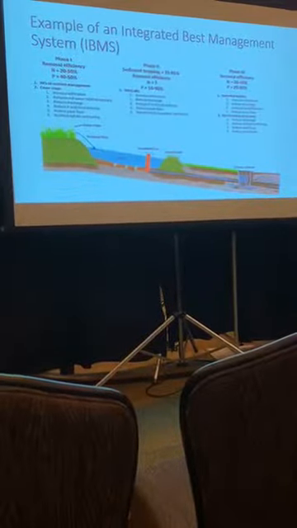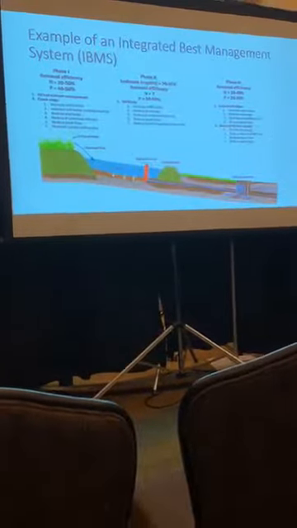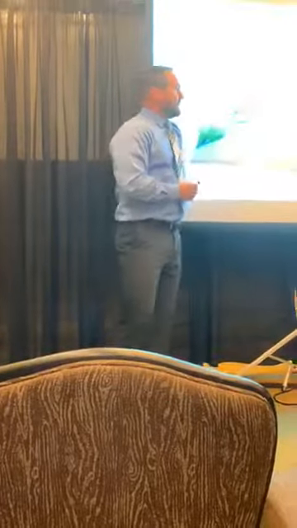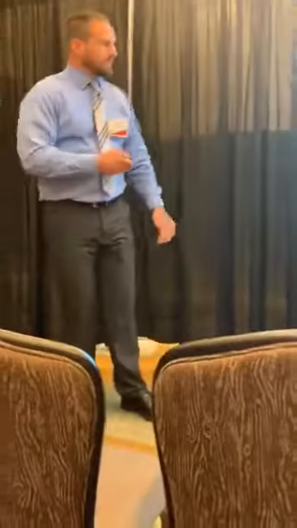So we want to be able to come up with, like I said, this toolbox that people can pick and choose what works best on their farms. And if you get a 50% reduction here, and what went down here, you can expect another 50% reduction possibly, until we just keep reducing that loading down the stream.